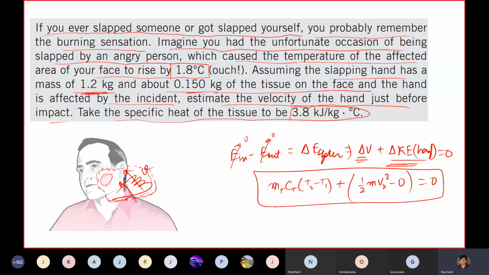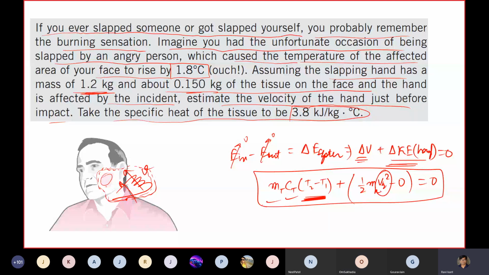Am I doing wrong? This is your hand velocity. We need to find the velocity, not the final temperature. The change in temperature is already given. This is given, this is given, so we will get the impact velocity. Very nice.